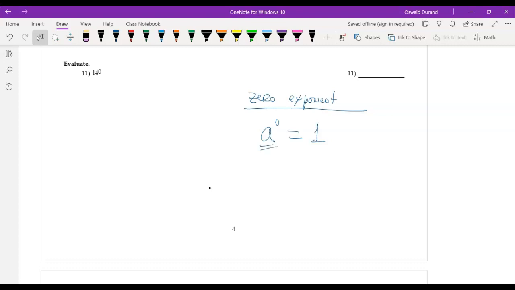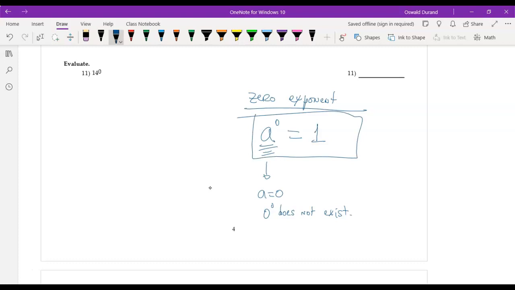Anything that a represents, it doesn't matter what it is, a value, variable, anything, if it's raised to the power of 0, except a, you cannot have a situation when a is equal to 0. So 0 raised to the power of 0 does not exist. Okay, so that's the only value that you cannot have as the base.